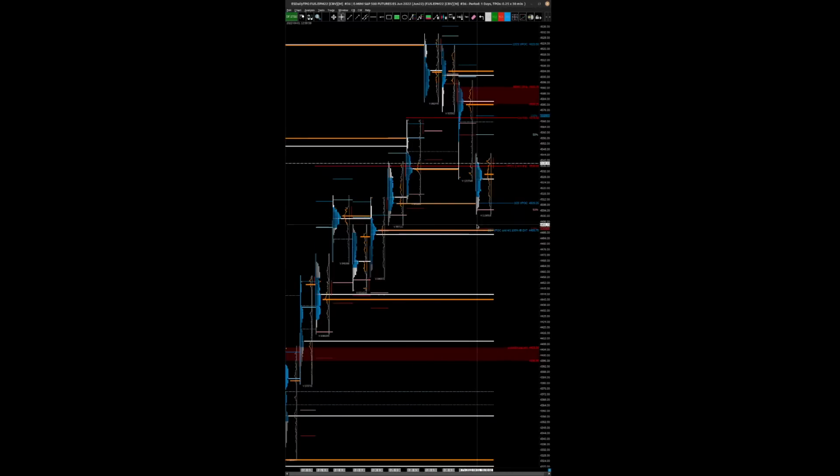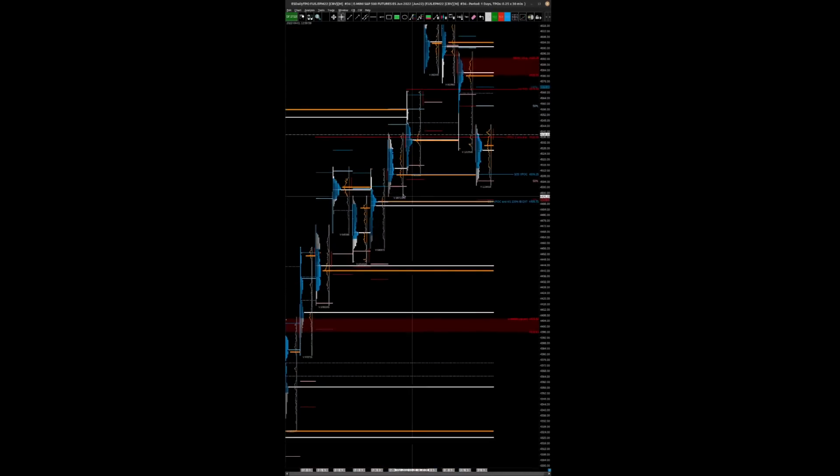So had the market gone down here, the 100% extension of initial balance, which is the first 60 minutes of trade for the cash session, would have taken us right into this naked volume point of control. You can see it's orange here, pushing out here, right? That blue line makes it a little bit hard to see.